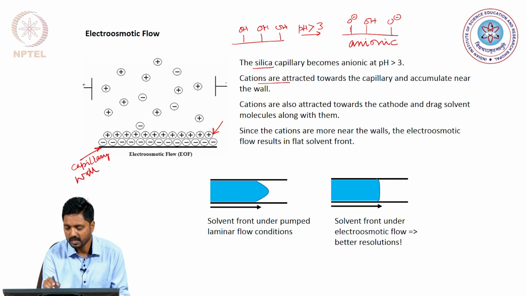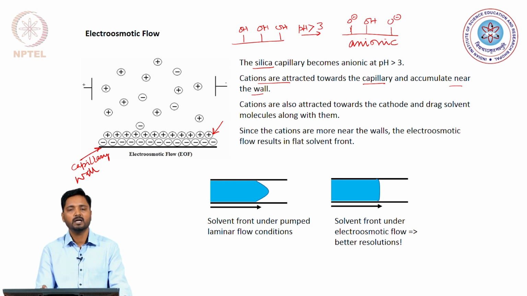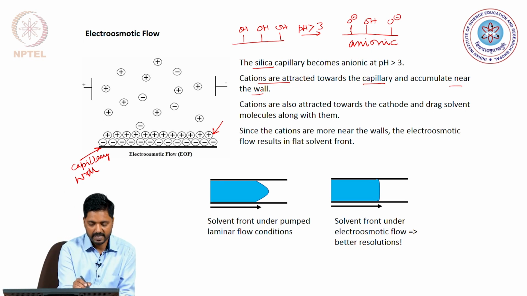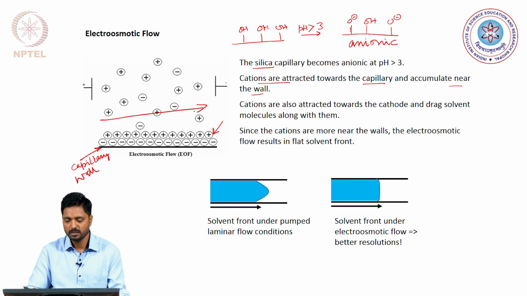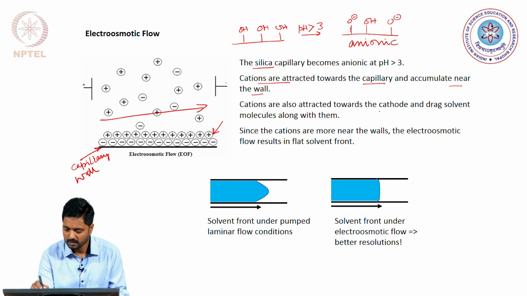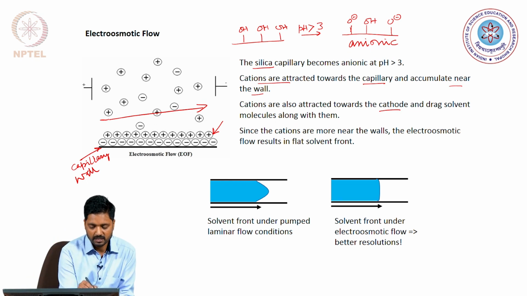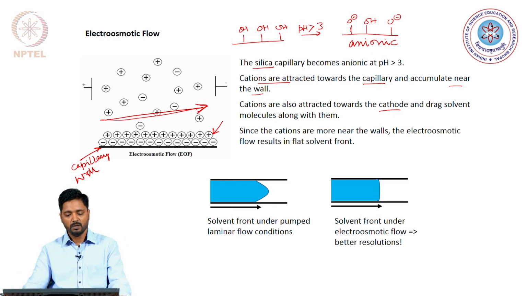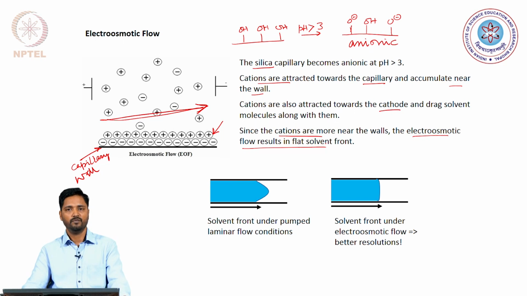So, cations are attracted towards the capillary and accumulate near the wall, but under the electric potential that has been applied, the net flow of the cations is towards the cathode, and when they are moving towards the cathode in the direction that is demonstrated here, they also drag with them the solvent or the water molecules, and since more cations are present near the walls, the electroosmotic flow also results in a flat solvent front.